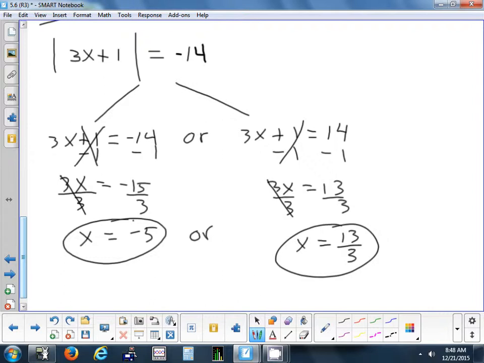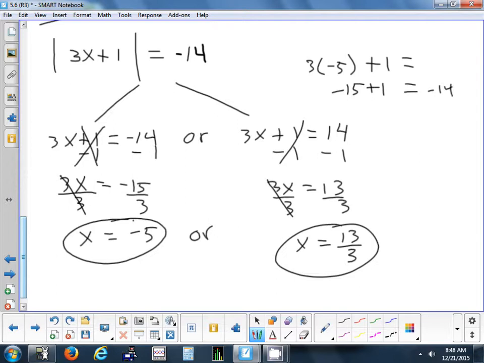That was minus 1. We're going to do plus 1. We write it out. So 3 times negative 5 plus 1. So you said negative 15 plus 1. Negative 14.